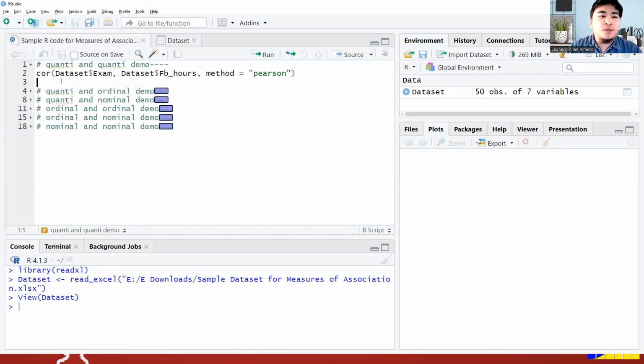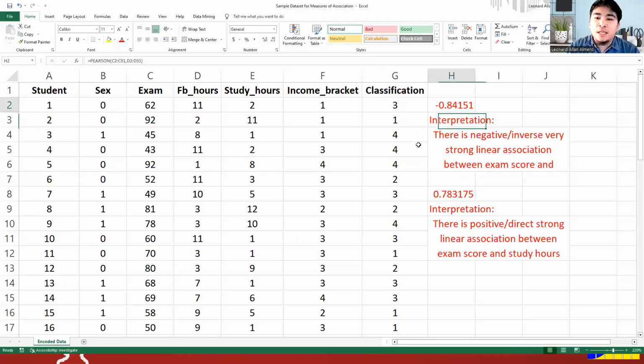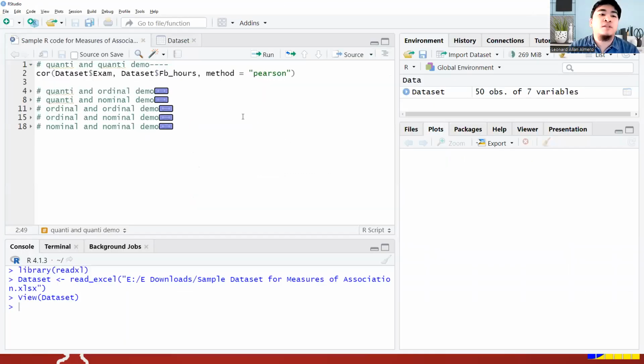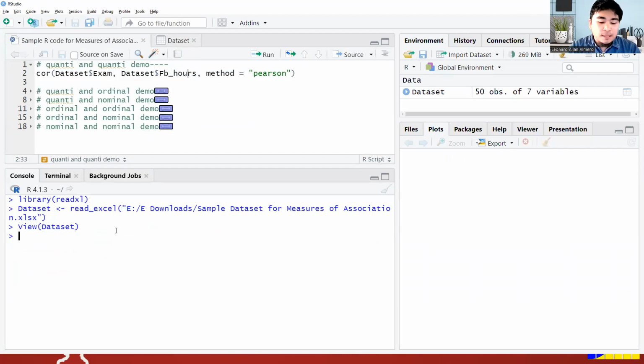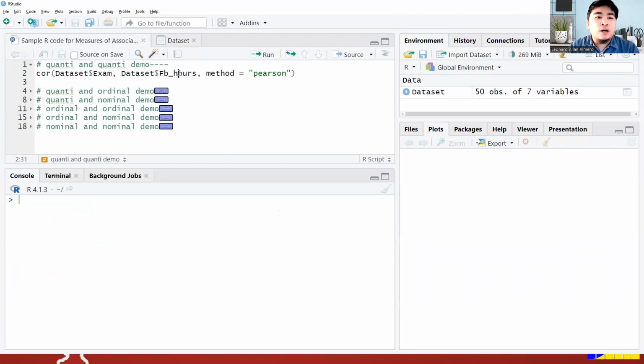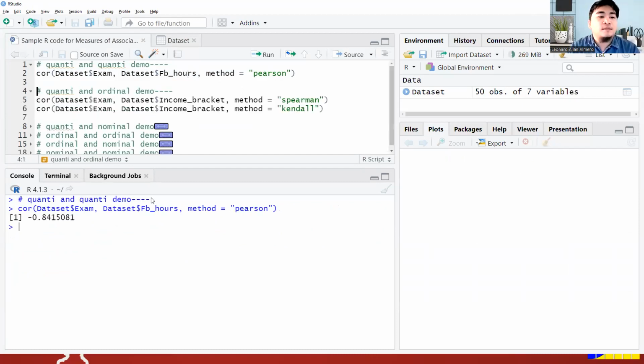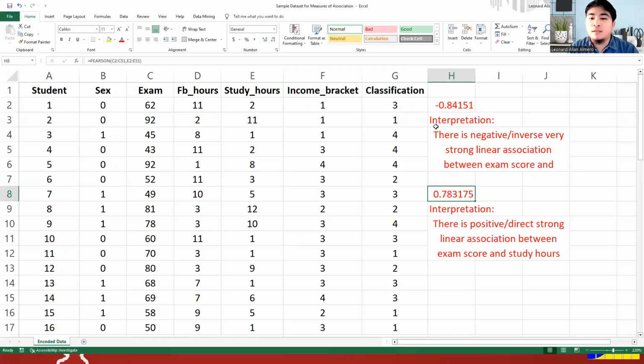So, ngayon po, kanina, dinemonstrate ko yung Pearson at nakuha nating value ay negative 0.84151 at 0.783175. So, try po natin. So, ito po yung code. Tapos, lalabas po yan dito sa baba kung ano yung output. So, pag nirun ko po yan, makikita nyo, may output po ako na negative 0.8415081, which is the same sa ating Excel file.